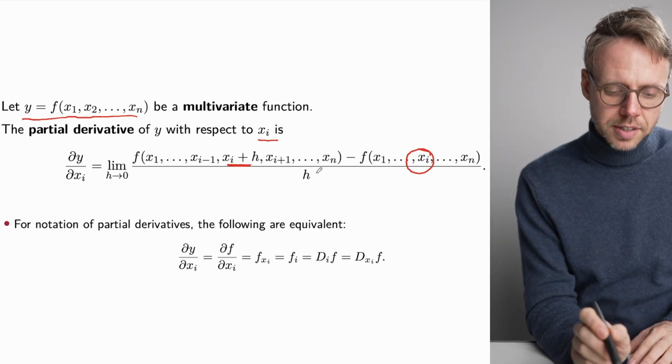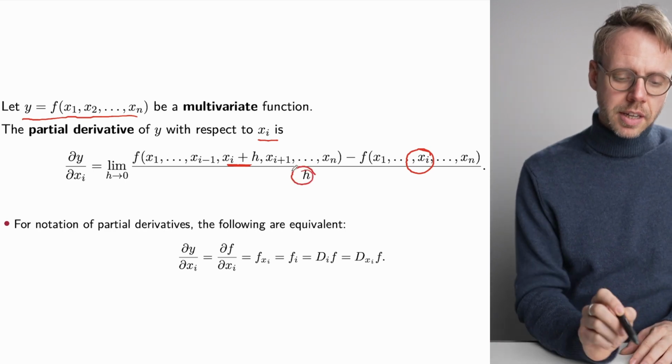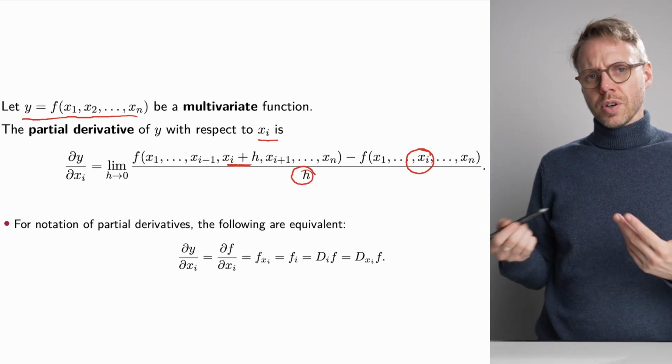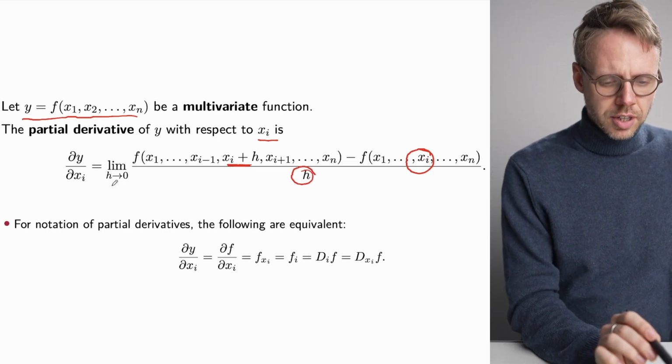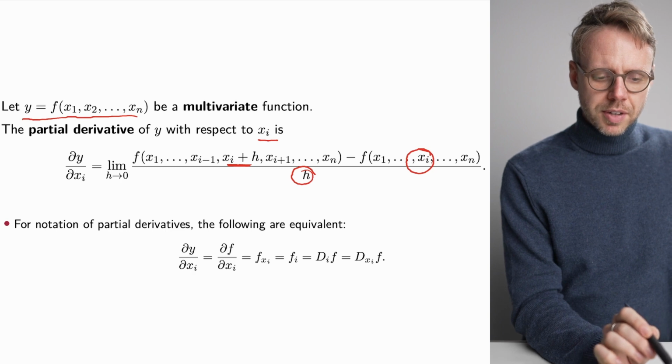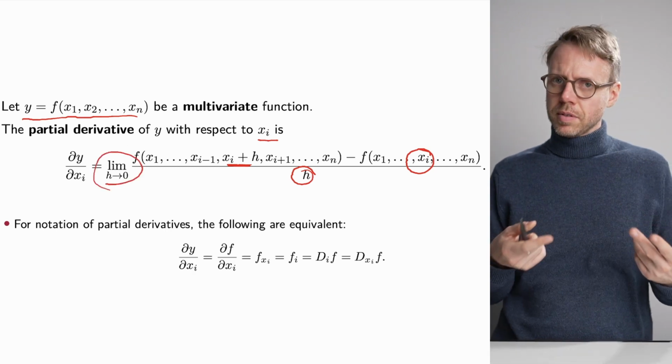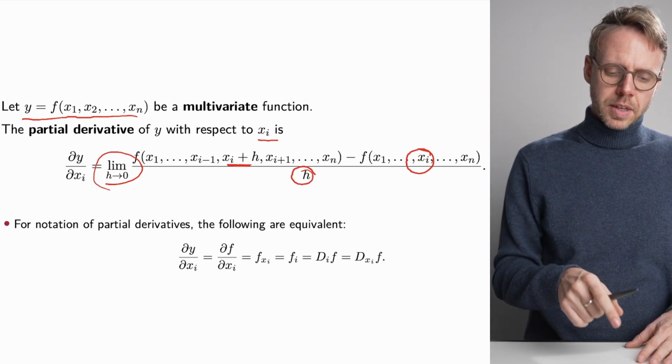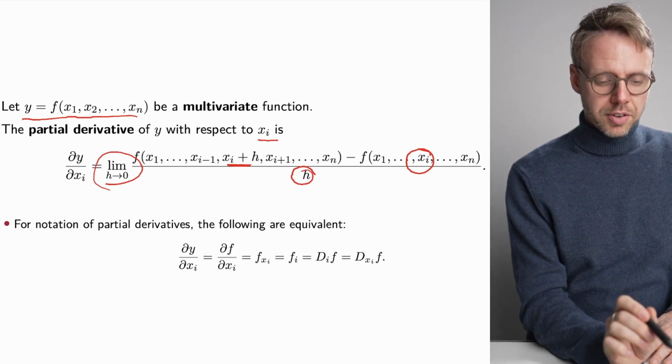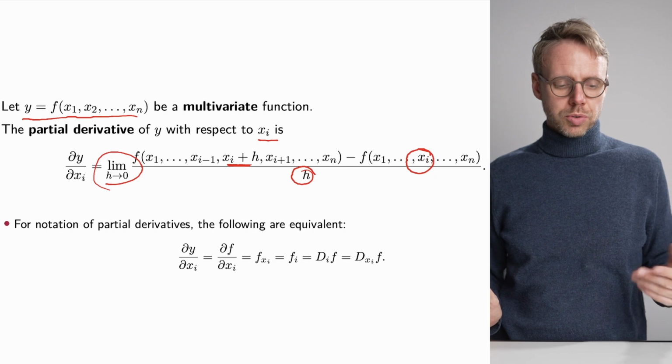And this difference we then divide by the magnitude of this deviation h, and the partial derivative is then defined as the limit of this difference divided by h, where h goes to 0.